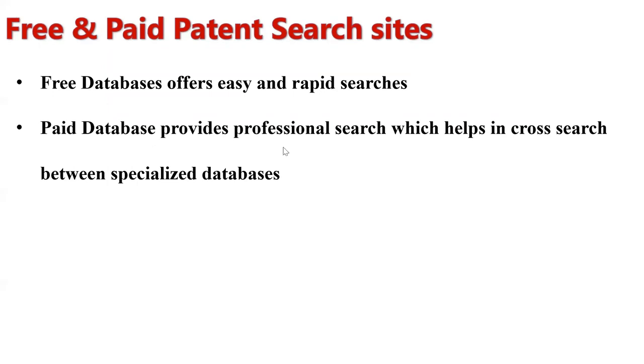That means we have to approach a professional search, so that it makes sure 100% that my patent application will not be rejected. To reduce the probability of rejection, this paid database will help the inventor.